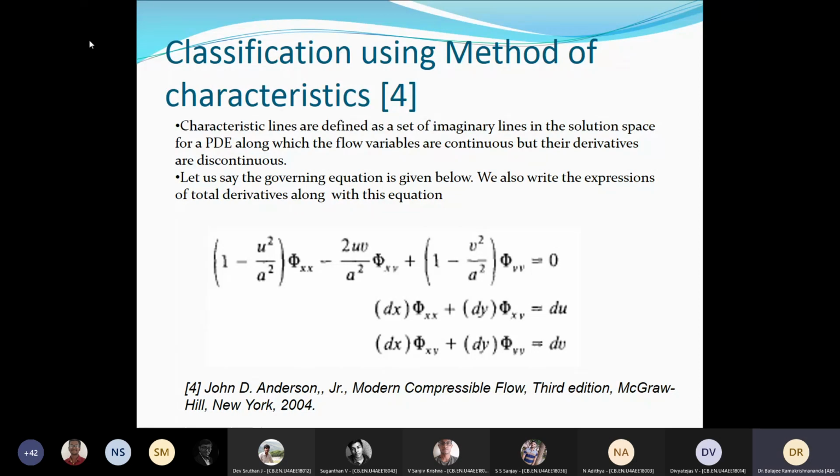Now let's say the governing equation is given below. This equation is nothing but the full potential equation. I told you, we can convert everything to potential equation. This is not exactly the Laplace equation.